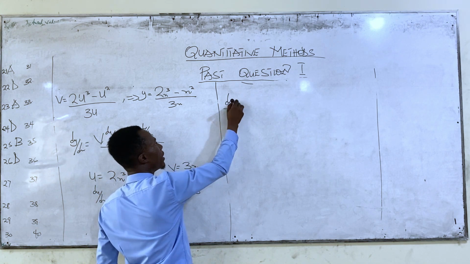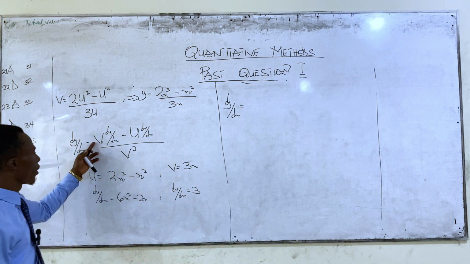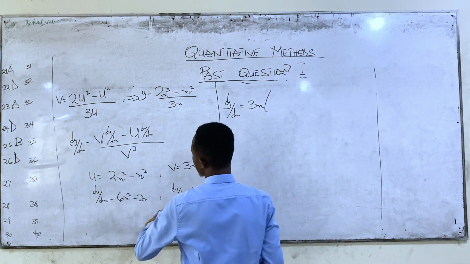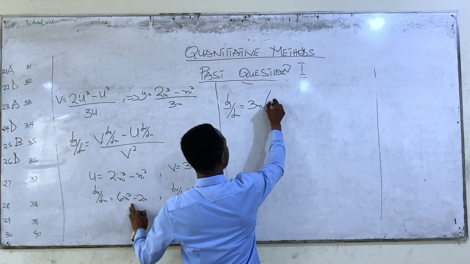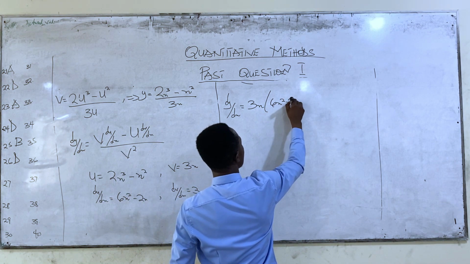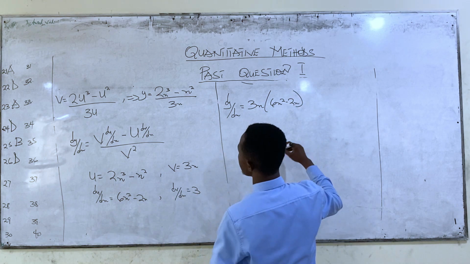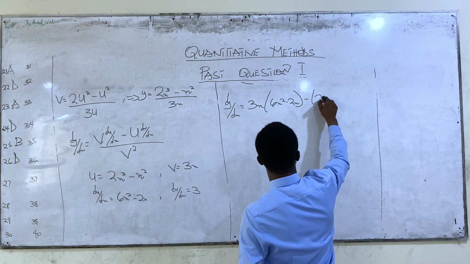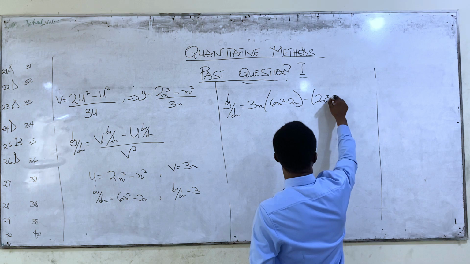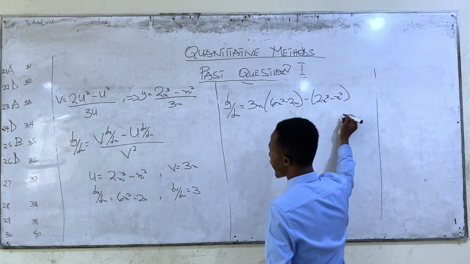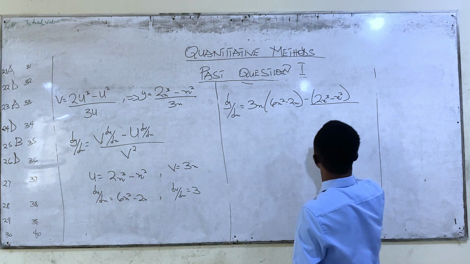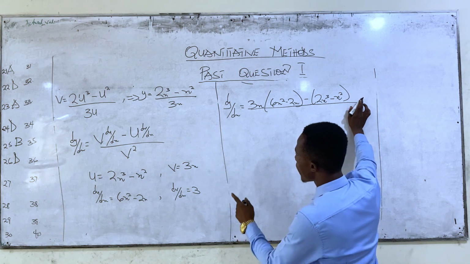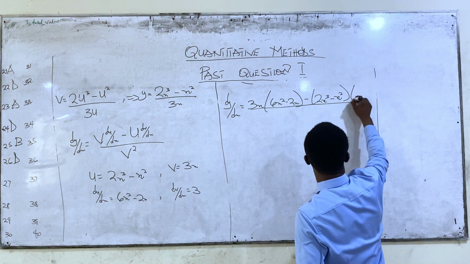So dy dx is going to be v, which is 3x, times du dx, which is 6x squared minus 2x, then minus u, which is 2x exponent 3 minus x exponent 2, multiplied by dv dx, which is 3.